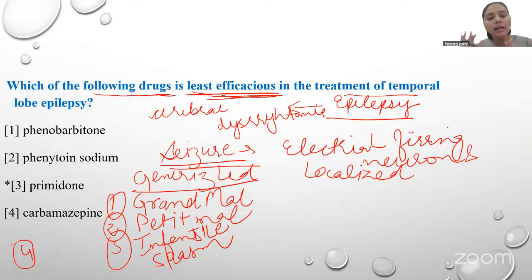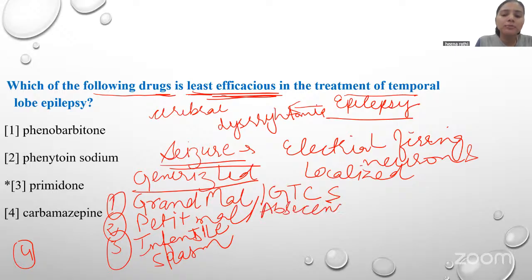Grand mal is the epilepsy, and the seizure which arises in this is the generalized tonic-clonic seizure. Petit mal is the epilepsy, and the seizure which arises in this is the absence seizure. Then infantile spasm is a type of seizure, and then there is myoclonic seizure. These are the types of seizure.